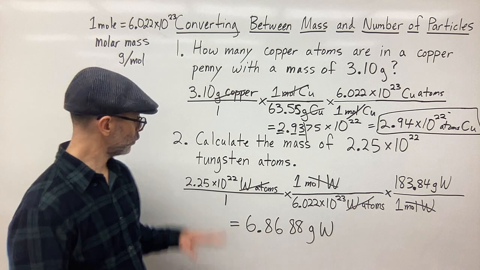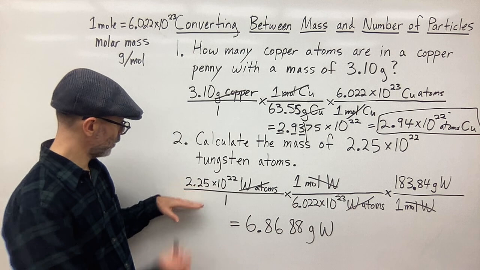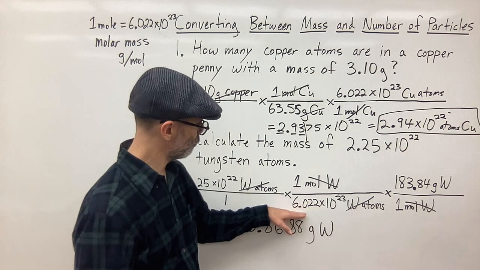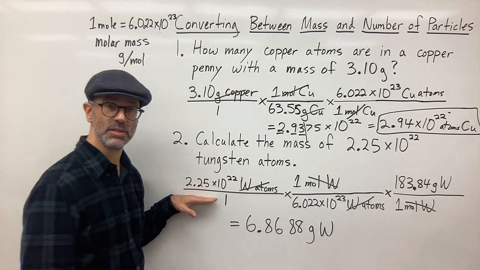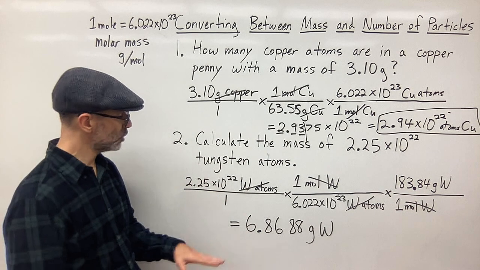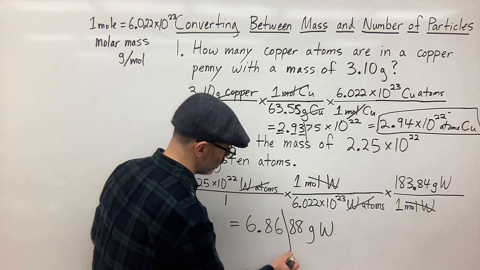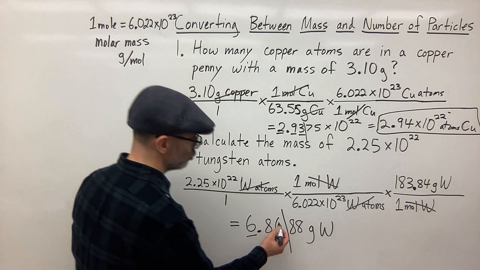So if we look at our numbers here, here we have 3 sig figs, 2, 2, and 5. That's 3 sig figs. Here we have 4. Here we have 5. So 3 is the smallest number of sig figs. So we can only keep 3. So we're going to have to chop it off after this. 1, 2, 3. So we'll drop these numbers.